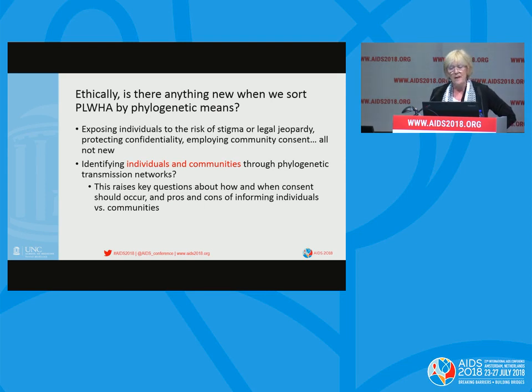It's not new. But what's new, and which I referred to previously, and raises questions about how and when you actually consent people in communities to do this, is that you've got these people implicated through phylogenetic transmission networks and their communities, their partners, et cetera.